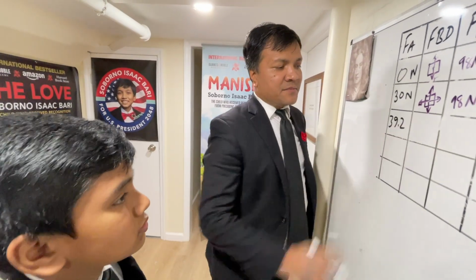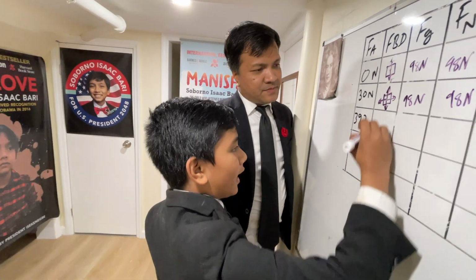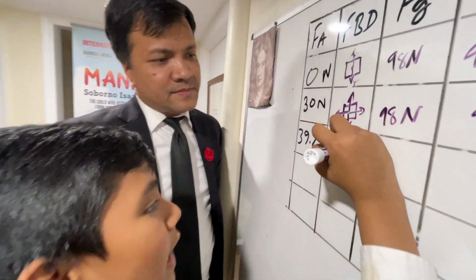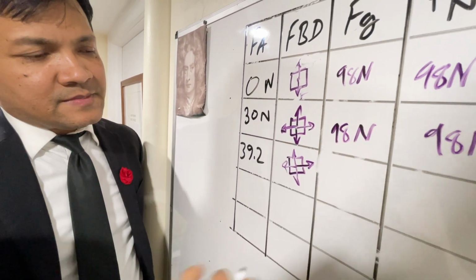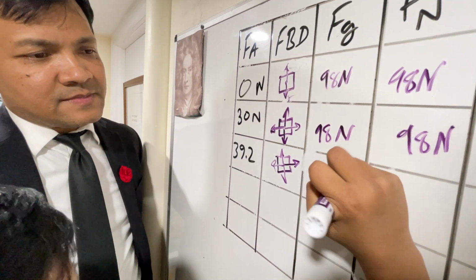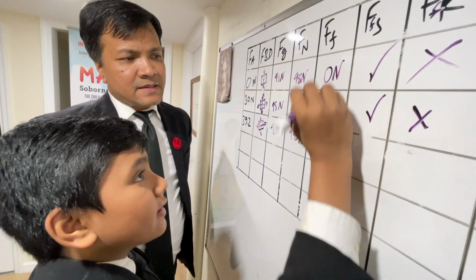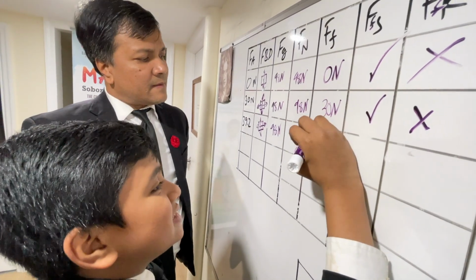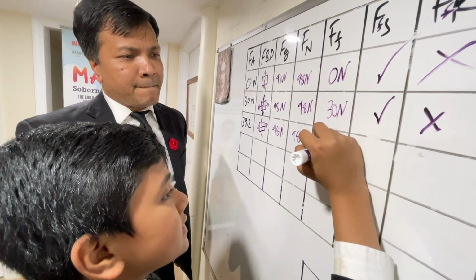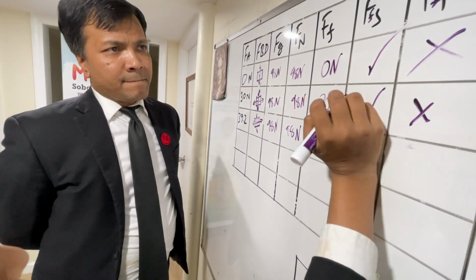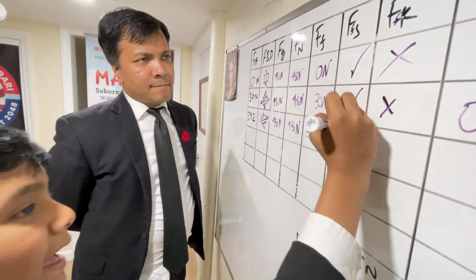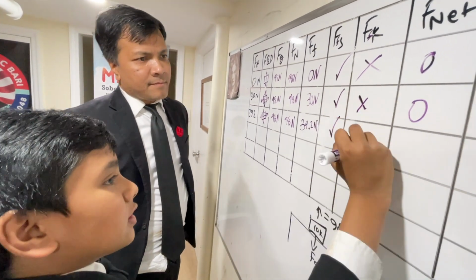If you apply 39.2, we still have these 4 forces. Fg is 98, and so is Fn, and then Ff here is just at the threshold, but it still balances out with Fa. It's still Ffs and not Ffk.